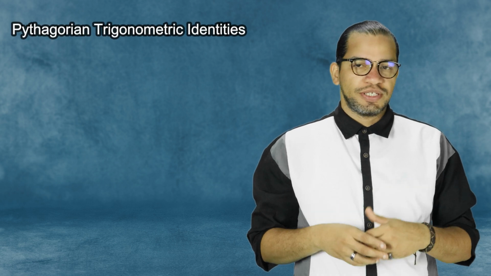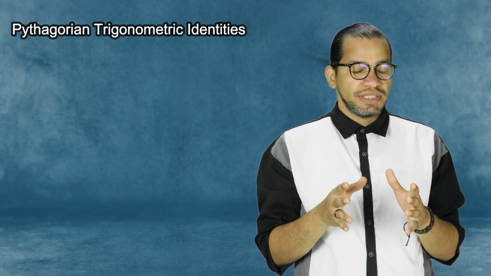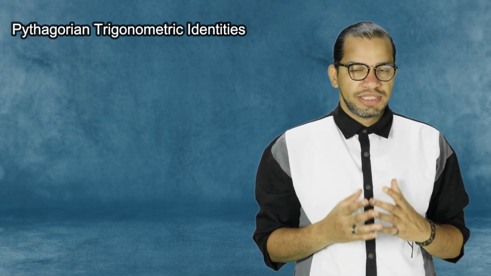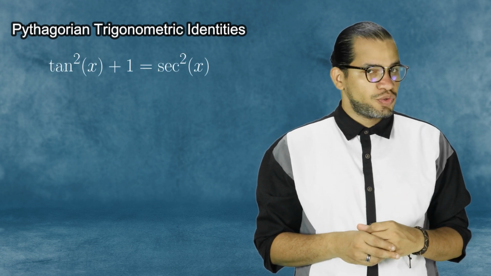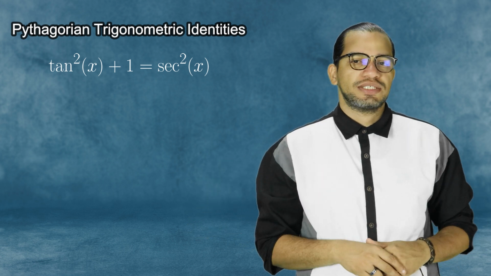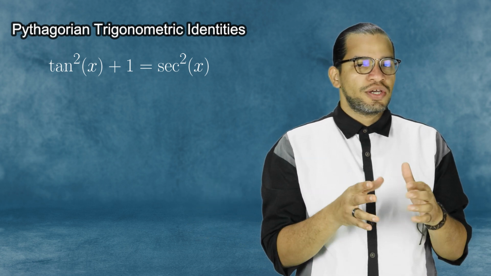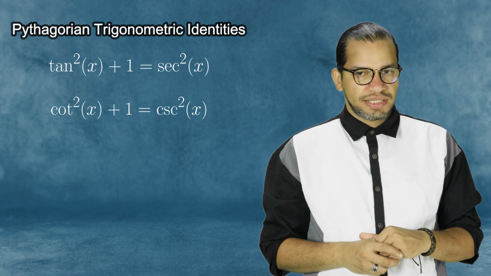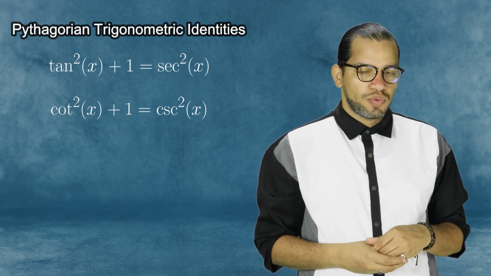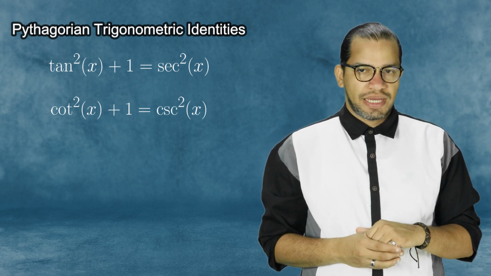Now we will consider the following properties for solving other types of problems regarding trigonometric functions. And the properties are the following. Tangent square of x plus 1 is equal to secant square of x. And cotangent square of x plus 1 is equal to cosecant square of x.